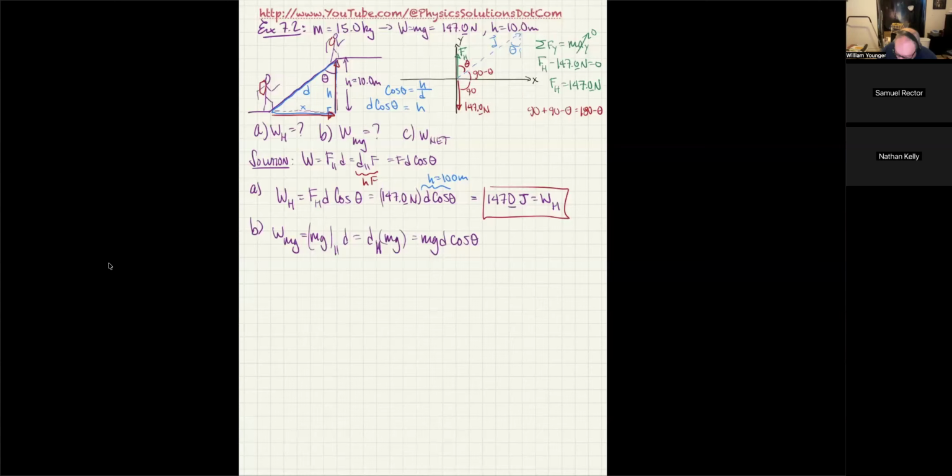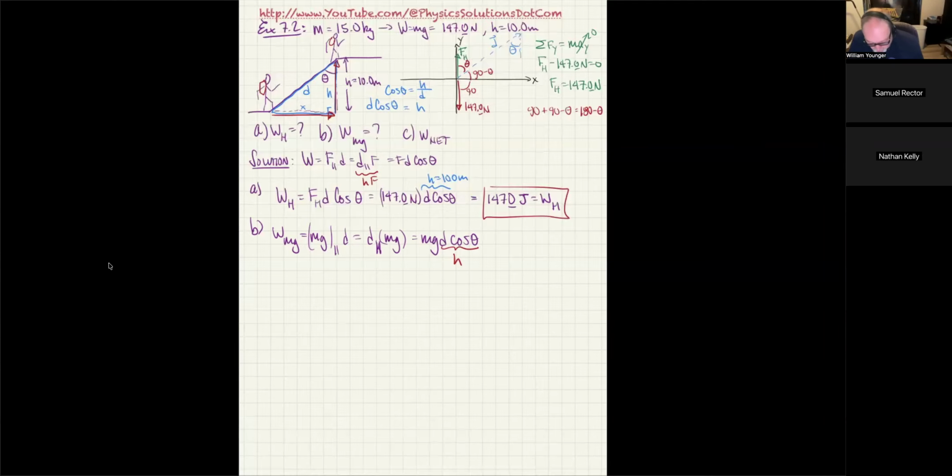That part works as well, and in fact it gives us something that's kind of instructive, which we'll use next chapter. The d cosine theta we already worked out as h, so it turns out the actual work done here is mgh. Later we're going to learn that that happens to be the potential energy, and in this case the work done only goes into increasing the potential energy by an amount mgh.